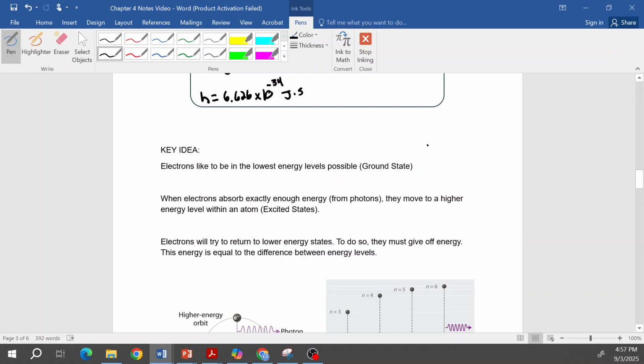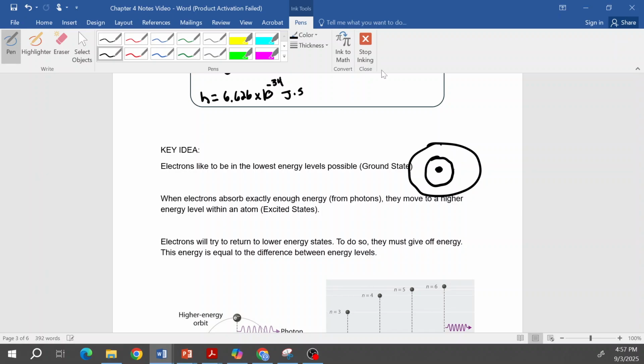So if I have an atom with a nucleus, let's say this is my nucleus. Remember that in the nucleus are your protons and your neutrons. Your electrons exist outside the nucleus in specific energy levels. So here I've got two different energy levels.